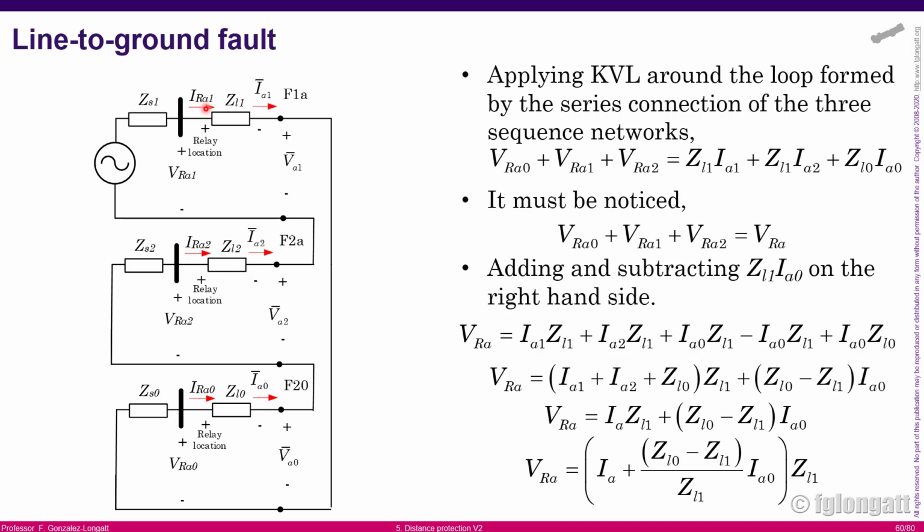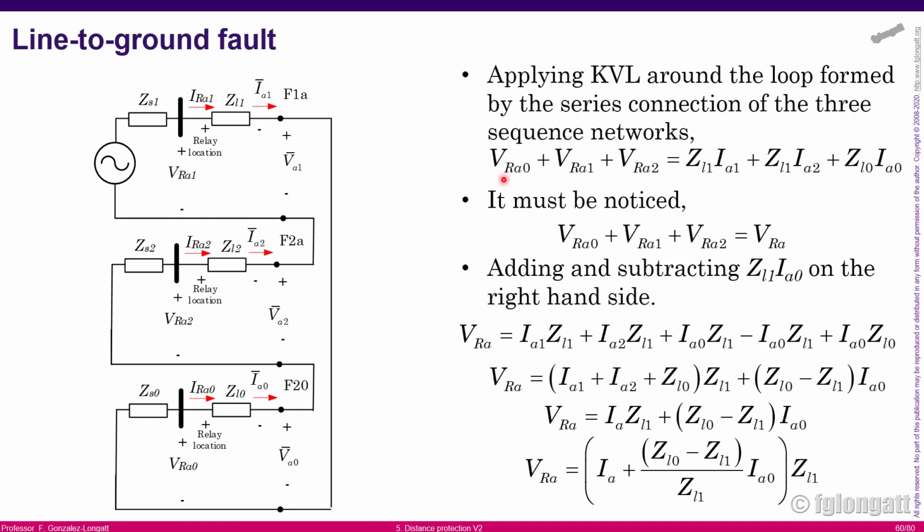What I will do now is something very simple. Using Kirchhoff's voltage law, this voltage plus this voltage should be equal to the voltage here plus this voltage drop plus this voltage drop. That is this first equation.